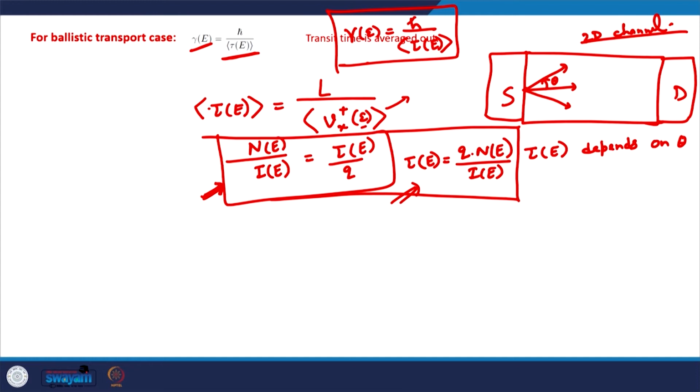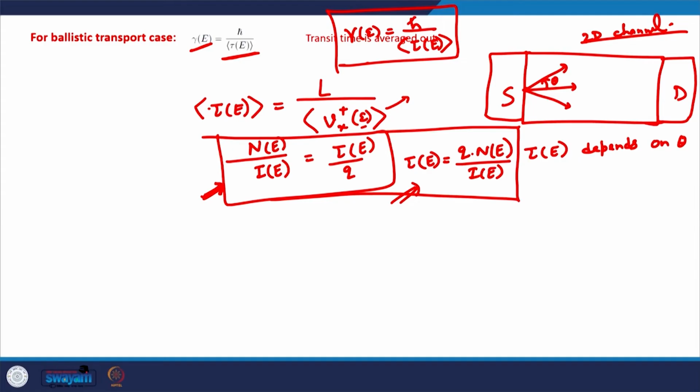Now, the situation that is different in diffusive transport from the ballistic transport is scattering. Electrons are undergoing scattering in the case of diffusive transport, and that is why it is actually called diffusive transport, because electrons are diffusing from the high concentration, which is source side, to the area of low concentration, which is the drain side, and that is the way electrons are traveling from the source to the drain.